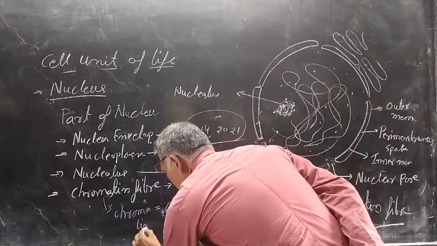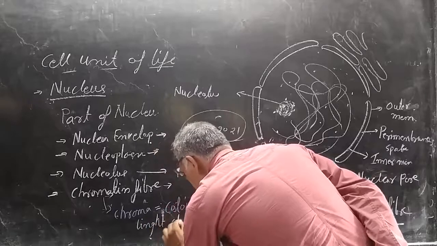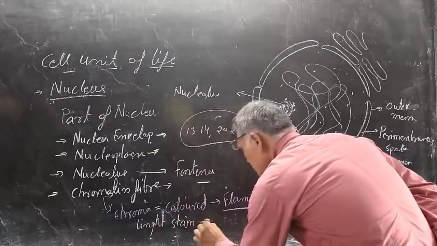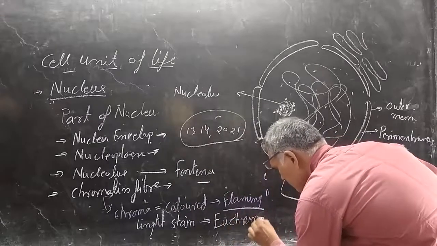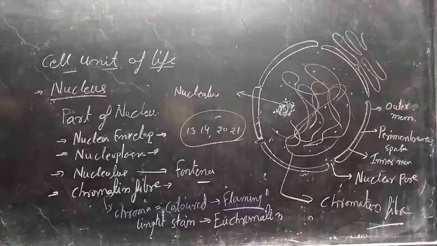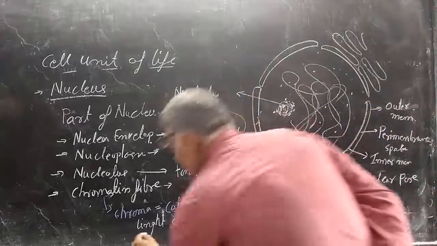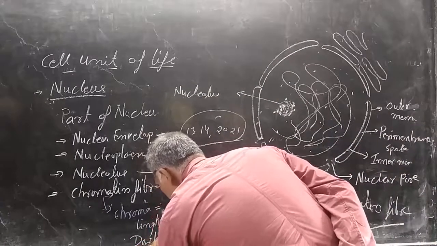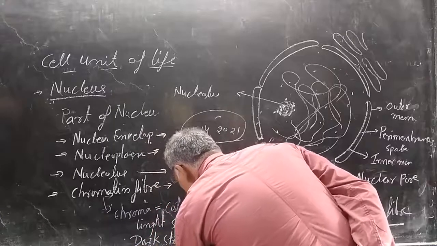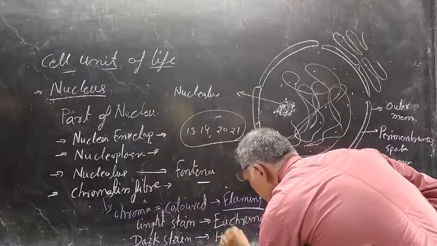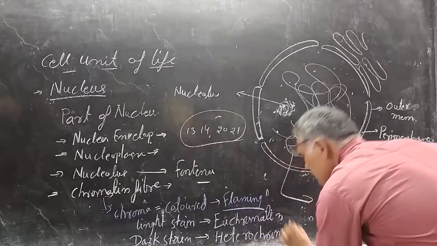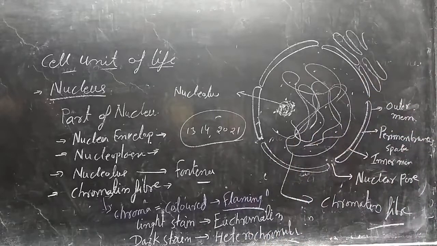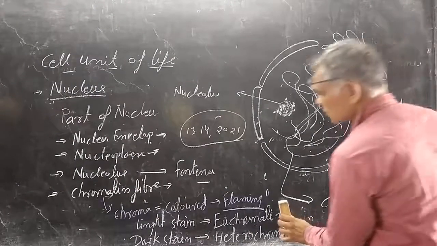The light stain portion is known as euchromatin, and the dark stain part is known as heterochromatin.